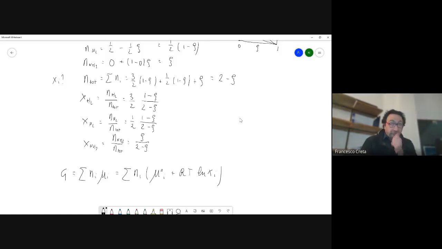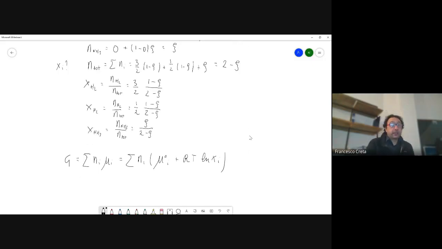And now we can express both N as a function of psi and xi as a function of psi. We wrote down the expressions, but let's keep it general.